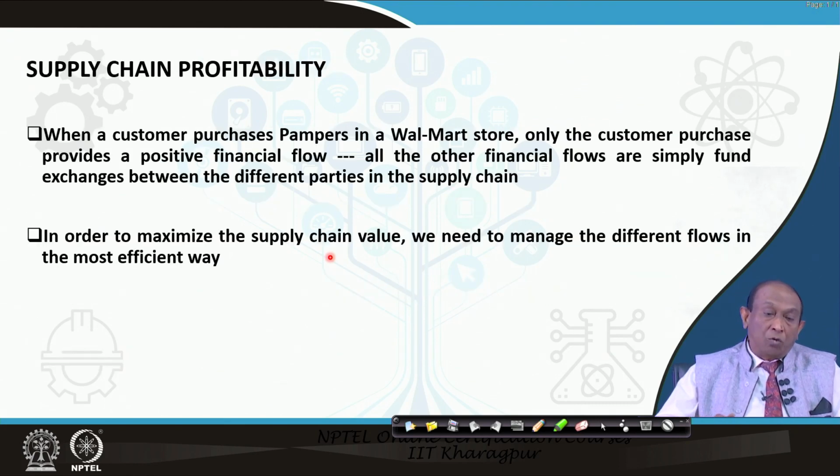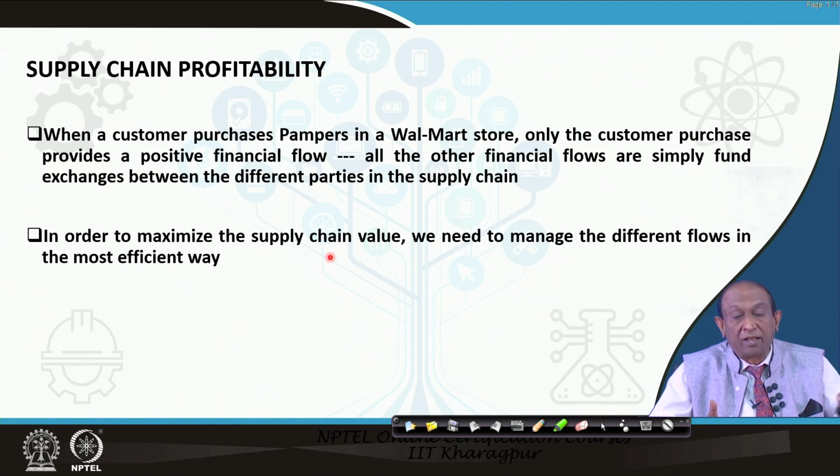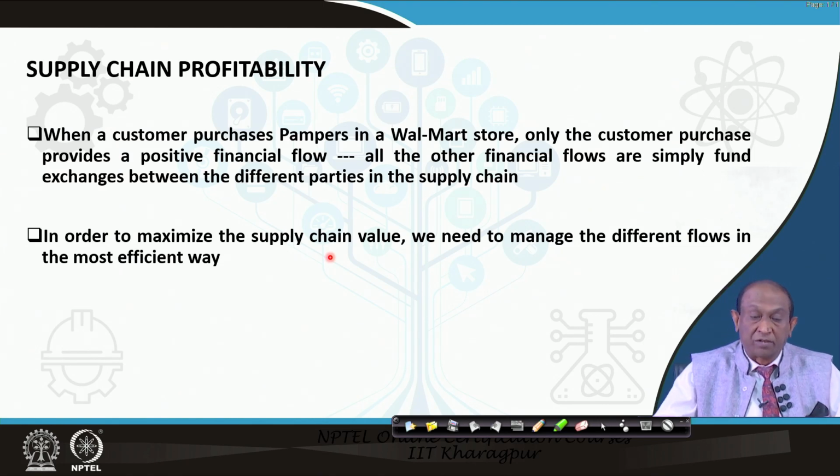Like, when a customer purchases Pampers in a Walmart store, only the customer purchase provides a positive financial flow, and all the other financial flows are simply fund exchanges between the different parties in the supply chain, between different stages.